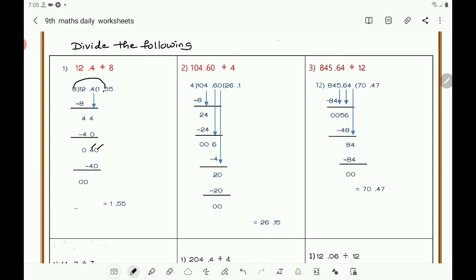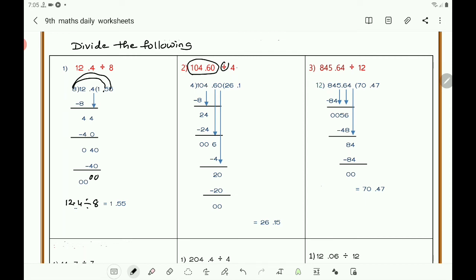Next you take 0, that becomes 40. Again it is 8 5s are 40. 40 minus 40 you will get 0. So you got the quotient, that is 12.4 divided by 8 equals how much? 1.55.